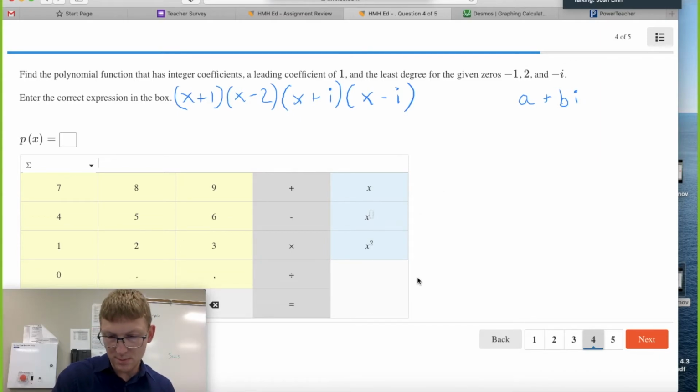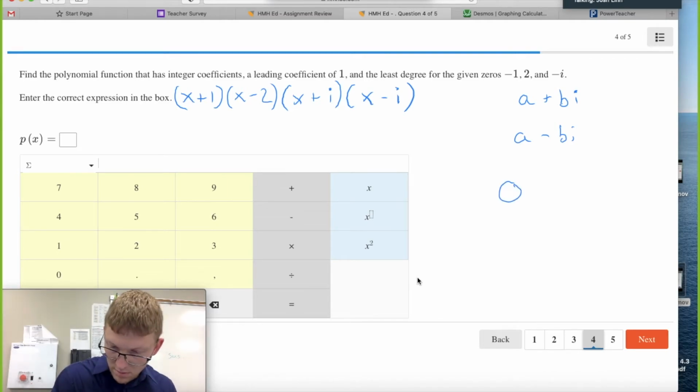So the reciprocal of this is a minus bi, but in this case, that i is really 0 minus 1i. So we did the exact same thing that we did with the irrational square roots, but since that 0 wasn't there, we just have the reciprocal of this is 0 plus i, so that's why we just have a plus and a minus. So don't get confused by that.